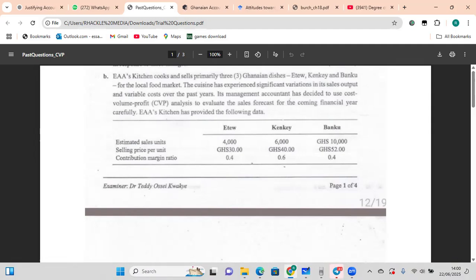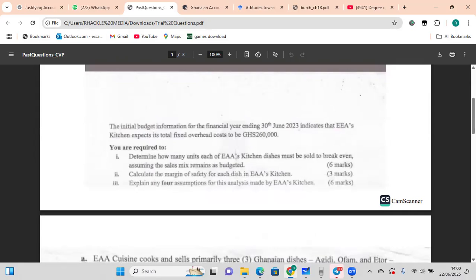Contribution margin ratio, remember, is selling price minus variable cost all over selling price. It is 0.6, 0.4, 0.6, and 0.4 respectively. The initial budget for the financial year ending 30th June 2023 indicates that the kitchen expects its total fixed overhead cost to be 260,000.